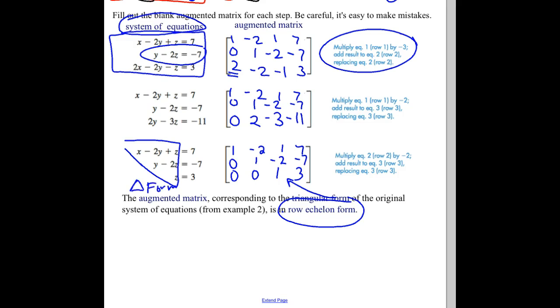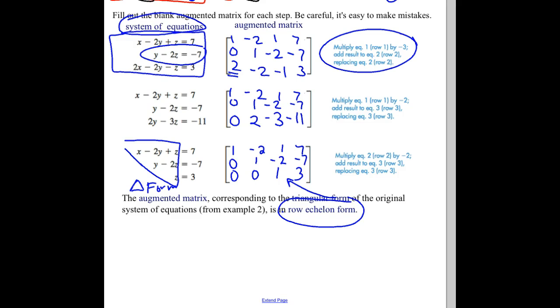When we actually have a system of equations with the x, y's, and z's in there, and we switch it to an augmented matrix, we just call it row echelon form. Okay? You will be expected to solve a matrix like this, to get it into row echelon form, and then be able to back substitute from there. Okay?